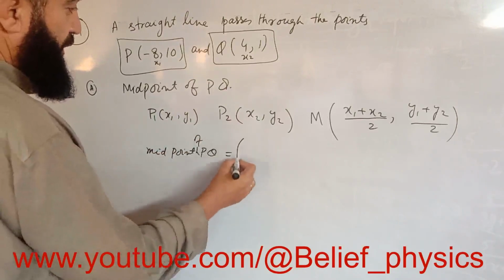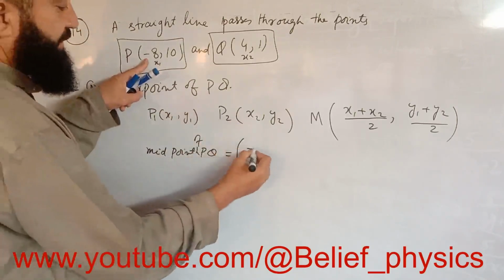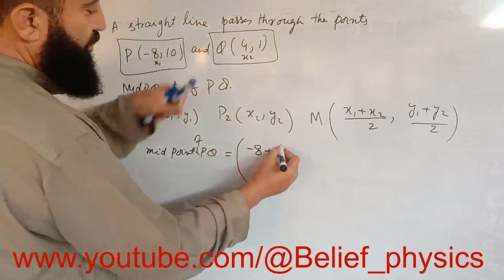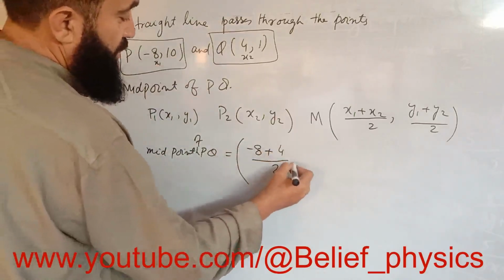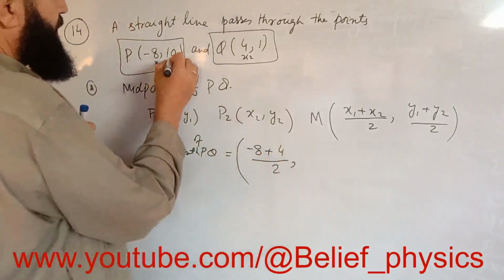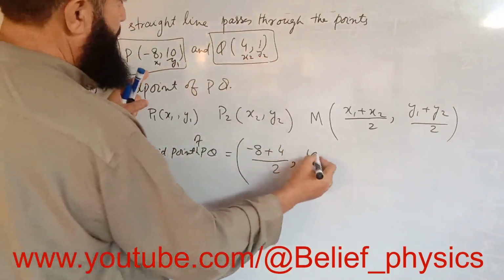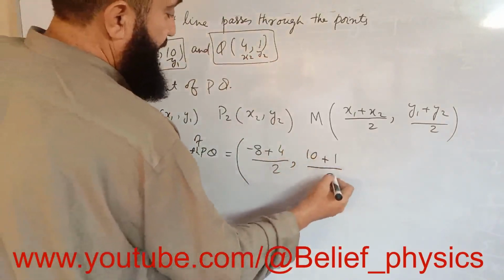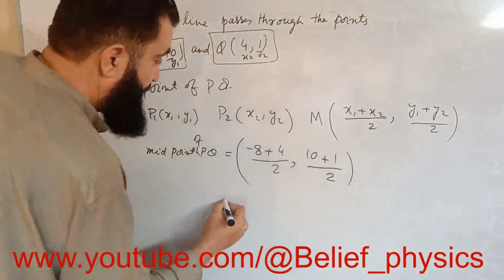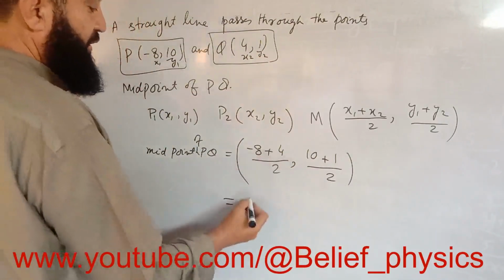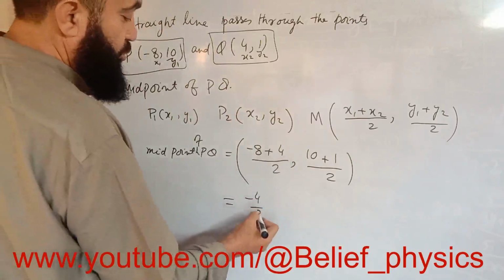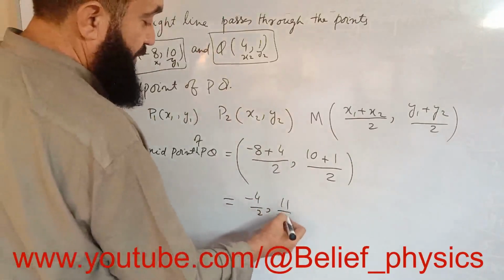is equal to X1, which is minus 8, plus X2, which is 4, over 2, comma Y1 is 10 and this is Y2, Y1 is 10 plus 1 divided by 2. So the midpoint of PQ will be minus 8 plus 4 is minus 4 over 2, comma 11 over 2.